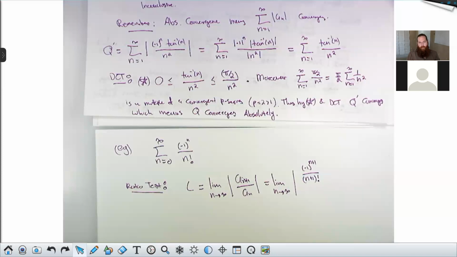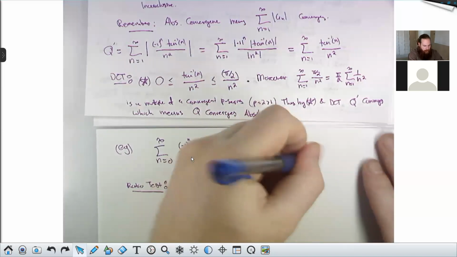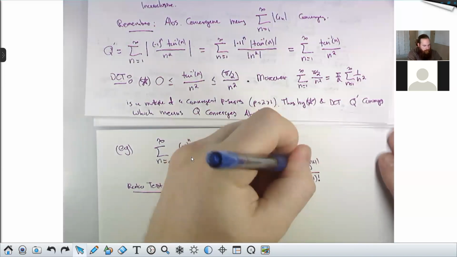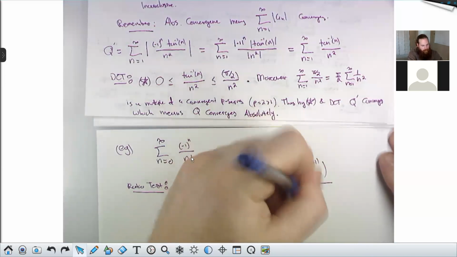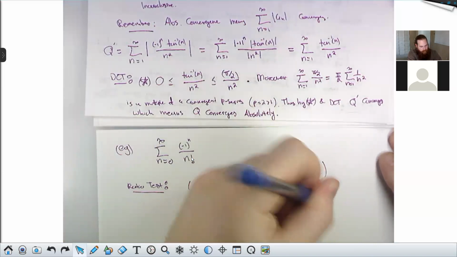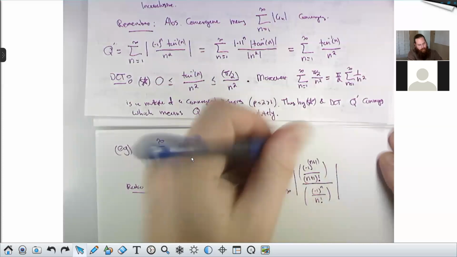So a_(n+1) is always what you get by swapping n with (n+1) in parens. If you want to be real careful, you could write it like this. But remember those parentheses. Those parentheses are algebraically crucial. If you forget them, it'll mess things up, I promise. We need to then divide all of this by a_n. a_n is (-1)^n over n factorial. And all of that is in absolute values.